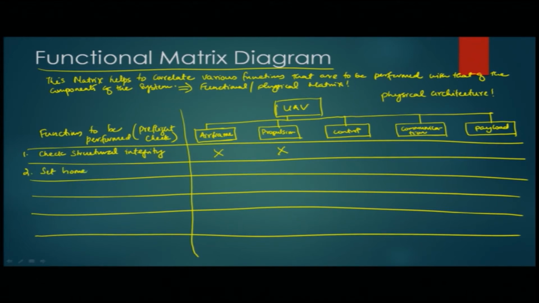Then you will say set home for UAV. The home is a feature in which if the communication channel goes away, there is no communication between the UAV and the ground control station, it will wait for a few seconds, actually 30 seconds.